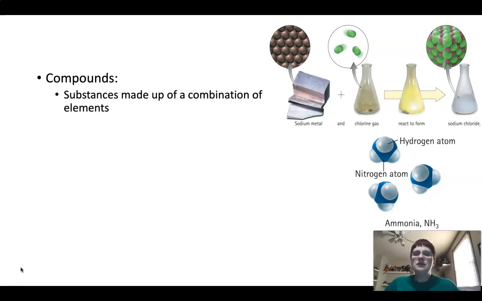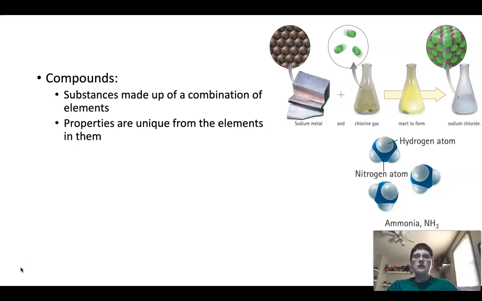Compounds are substances made up of a combination of elements. These are going to have properties unique from the elements that are in them. An example of this would be what you see here. We've got sodium metal.